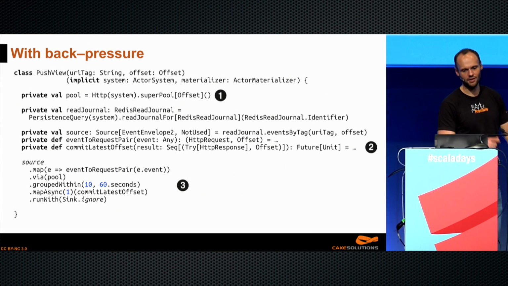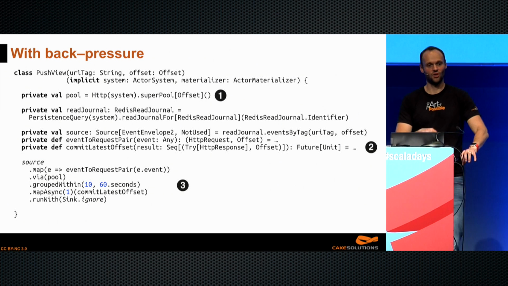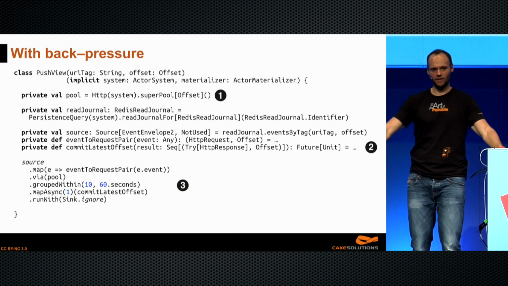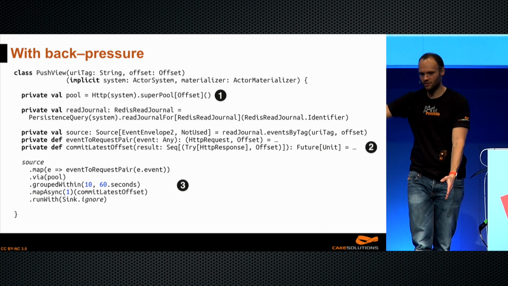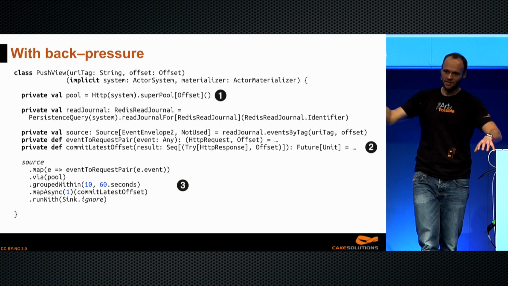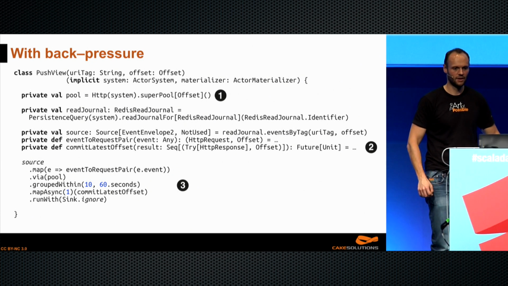Line number 3. What we're going to do is take the source, which is a source of aggregate events aggregated by that tag URI. So there was one actor that wrote all this stuff to the journal. And now we're getting views that essentially read different slices of this journal.